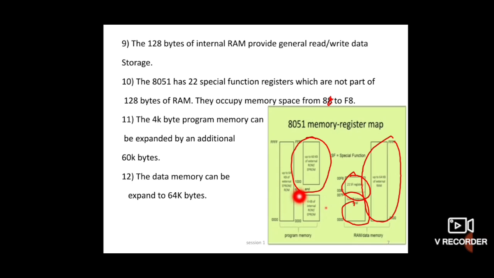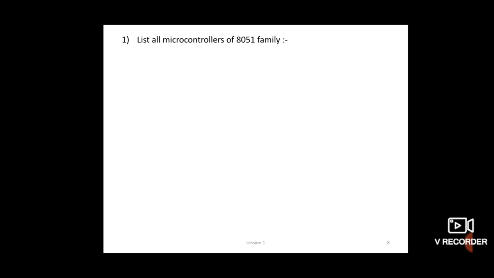In program memory you can only read data, you can't write data. In data memory you can read and write data, but can't execute instructions, while execution of instructions happens in program memory space. These are the two different spaces available in the 8051 microcontroller. Understood student?